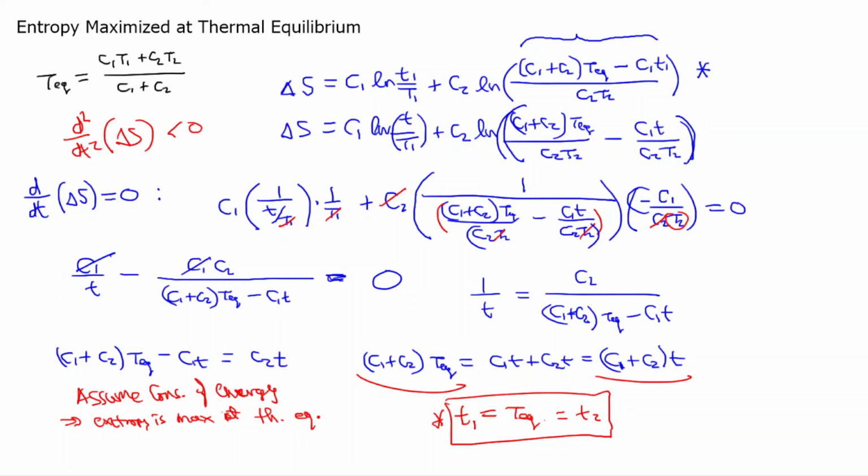Now I'm going to argue on physical grounds that this cannot be a minimum. A minimum is a 0 entropy change if little t1 equals big T1, and ditto for little t2 equaling big T2. Any other temperature in between gives you a bigger entropy than you had before.